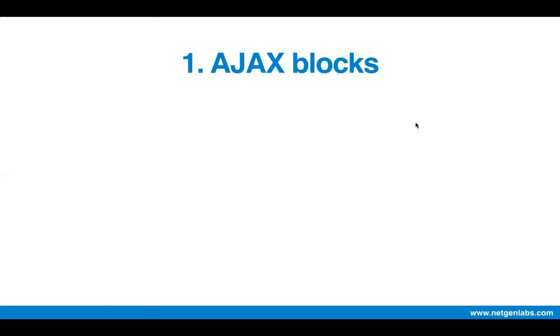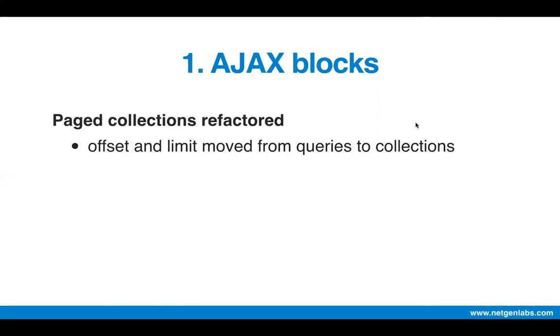So to do this, what we needed to do is refactor the collections so that the collections are now paged. Before that, the paging was on the query level, and that's why we needed to switch it to collection level. This depends on how you know layouts so far.